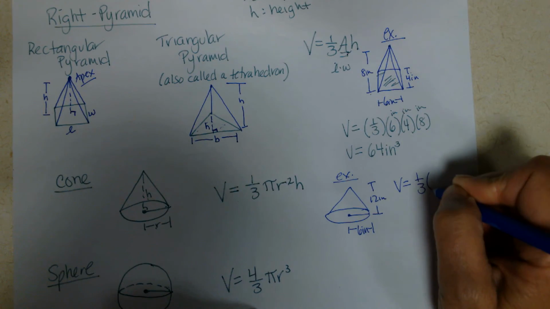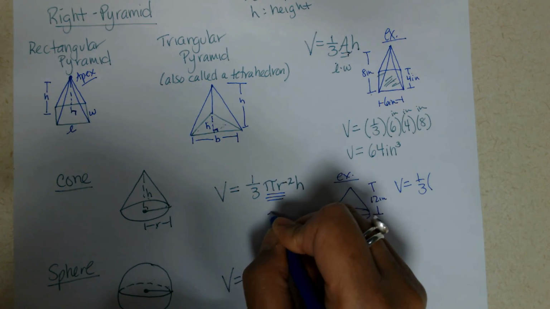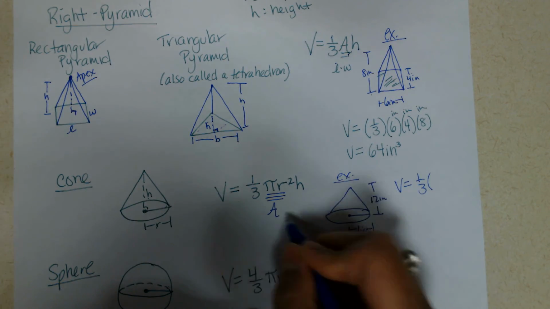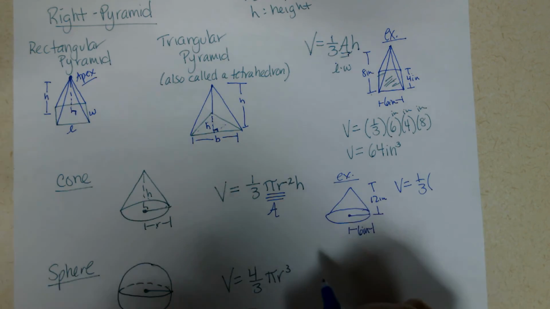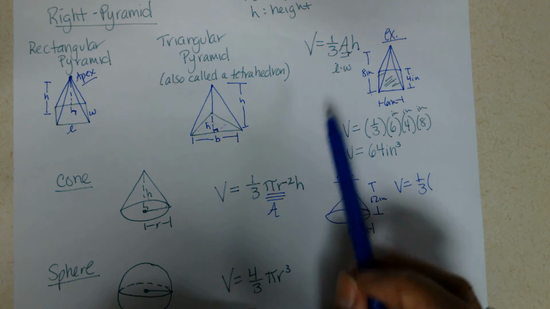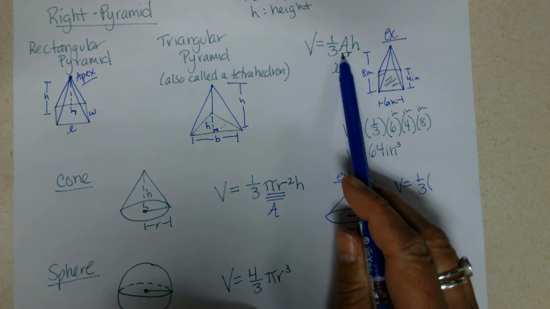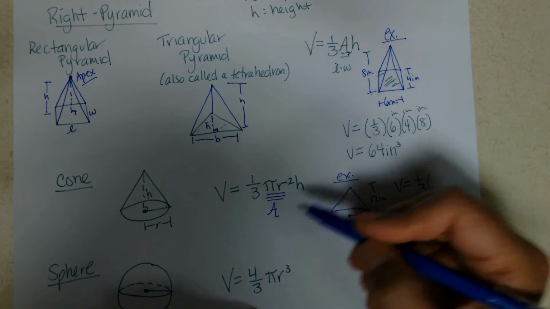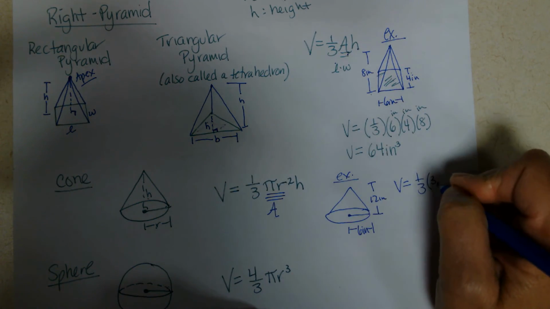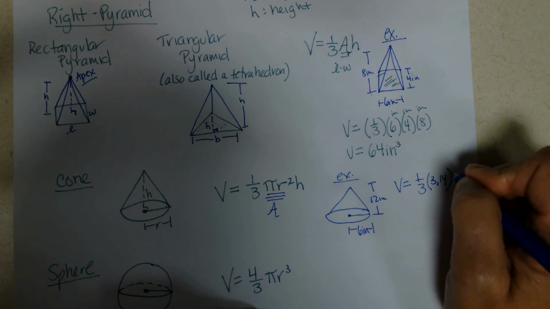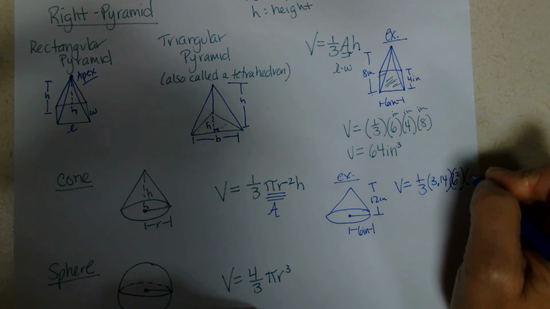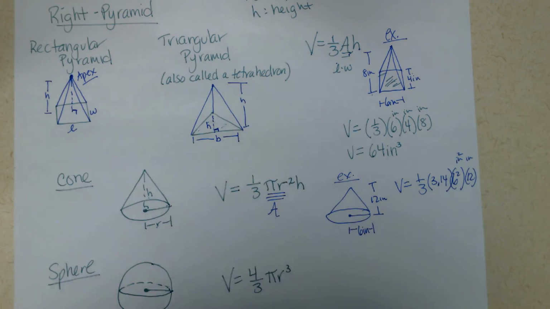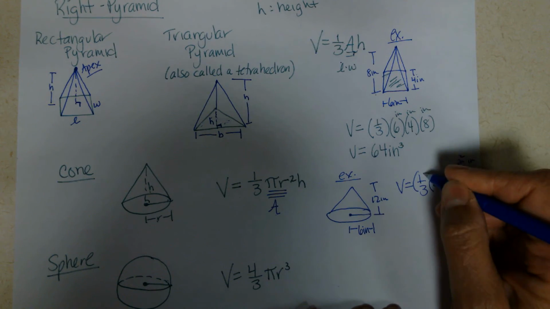So 1/3. And everybody, I hope you're realizing that that's actually the area of a circle. So the area of this base is pi r squared. So it is the same exact formula that we were using for our pyramids, except they do always like to put in this pi r squared instead of the fancy A. So remembering pi is 3.14 times 6 squared times 12. These are inches, inches squared, inches. All right, parentheses around this.